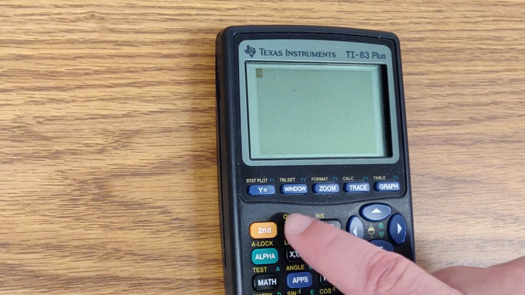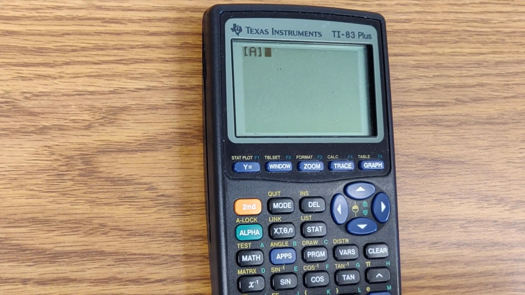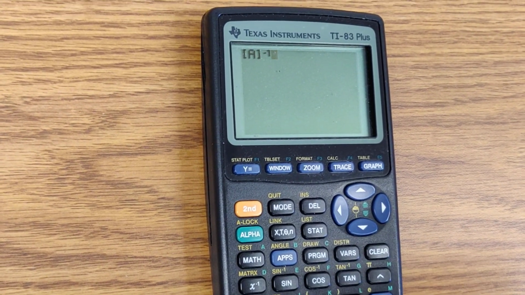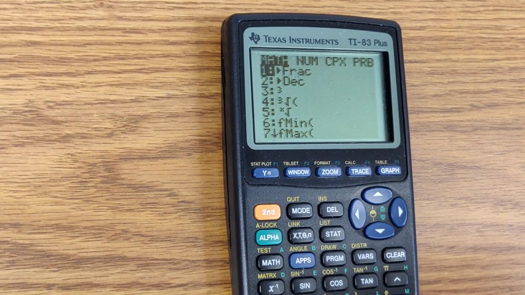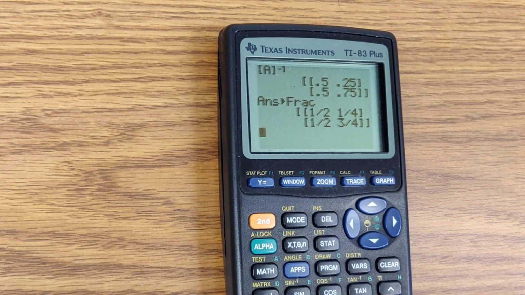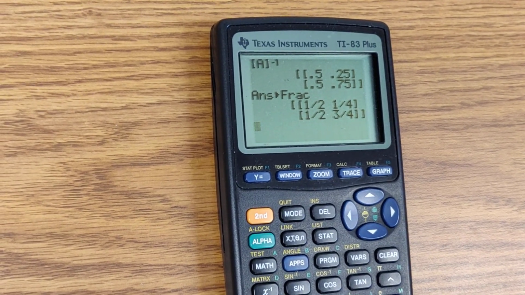Second quit, second matrix, names, and again, x raised to the -1 power. Enter, and then press math, fraction, and then enter again. So compare this to the one on the board and notice that they are exactly the same.